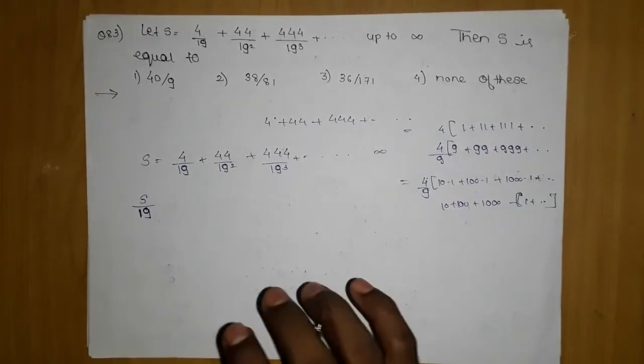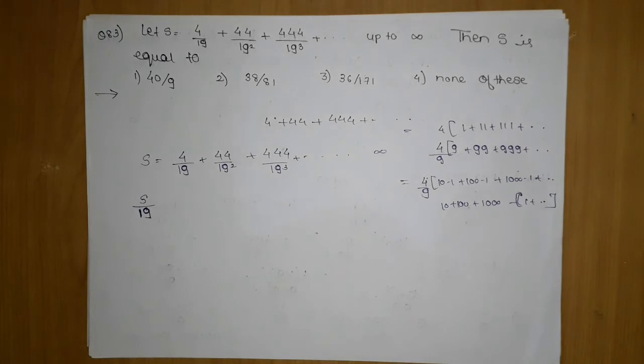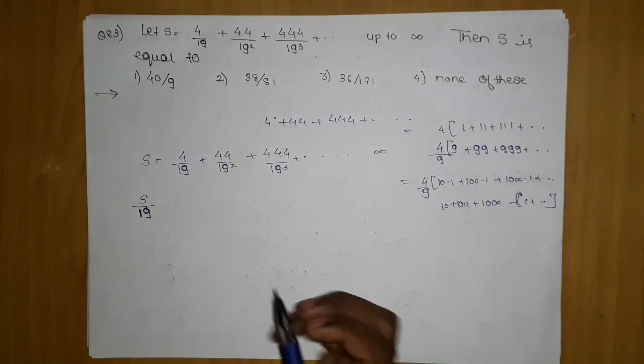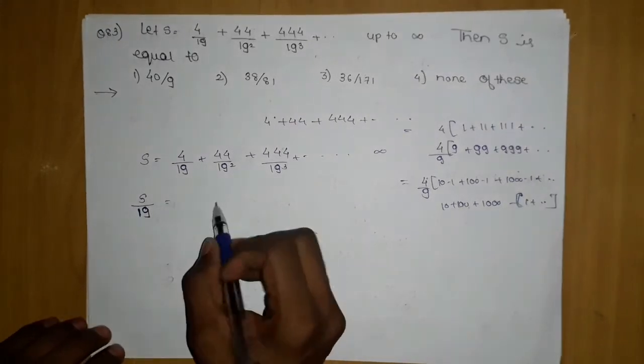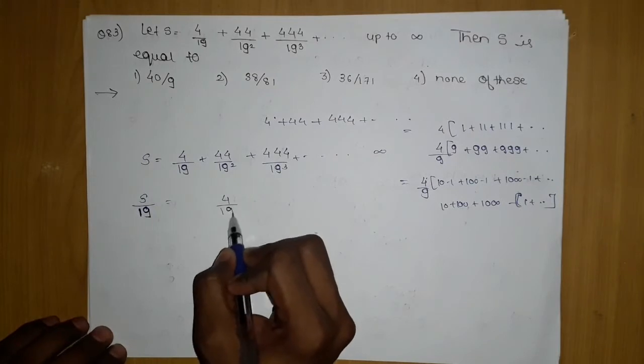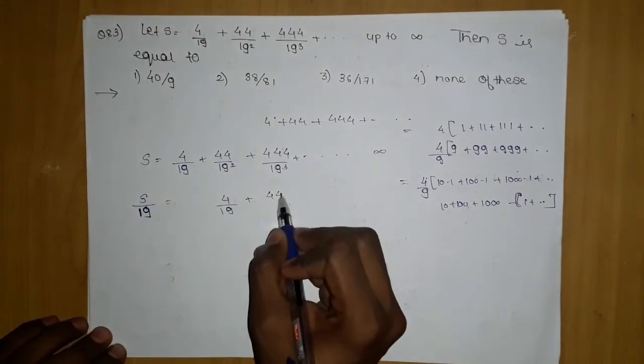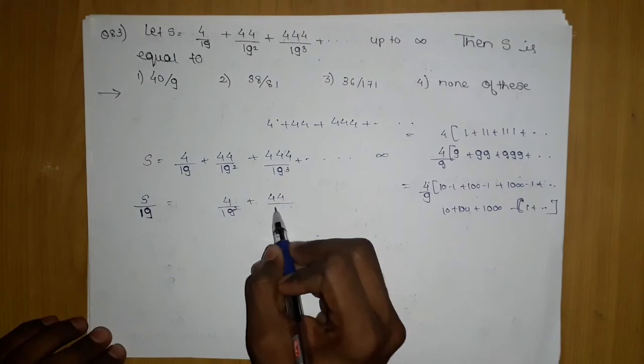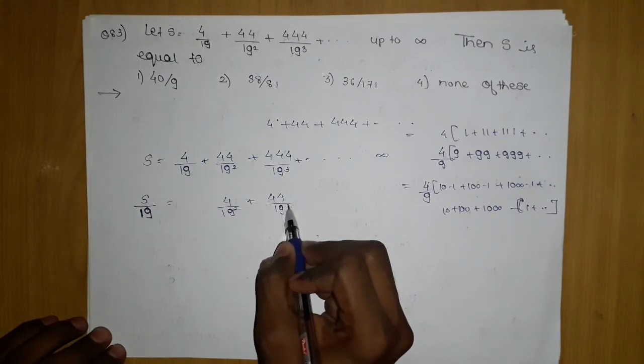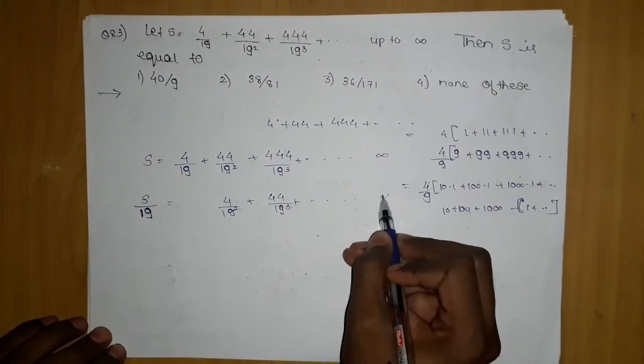After doing this, I will shift one term, so this will become 19 square, this will become 44 upon 19 and so on till infinity.